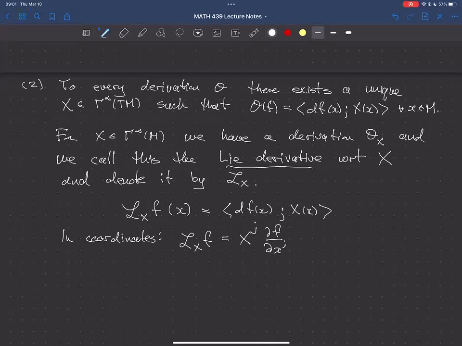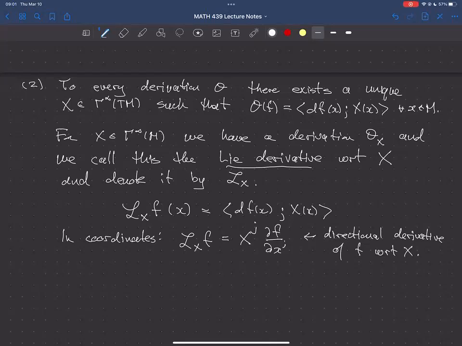Do you remember what you called that? Directional derivative, maybe? Yeah, okay. So in vector calculus, this is the directional derivative of f with respect to x.